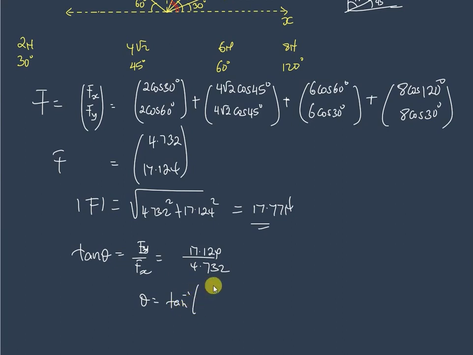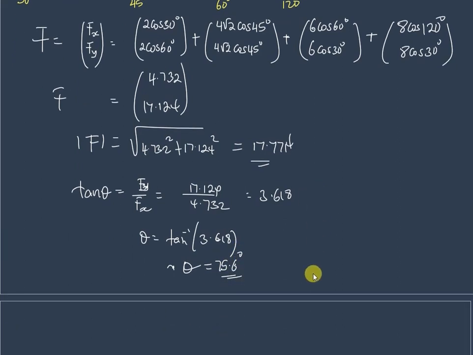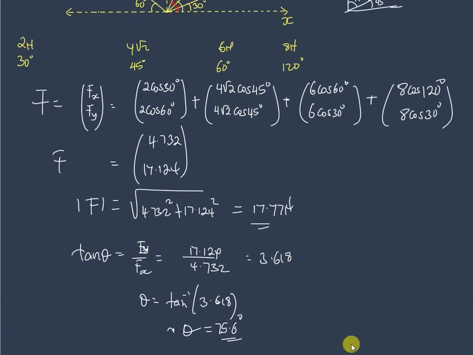So arctan of, actually this one is 3.618, and so theta is arctan of 3.618, getting us a value of theta, which is equal to 75.6 degrees, if I write it to one decimal place.